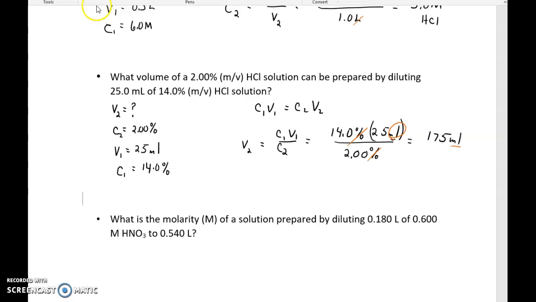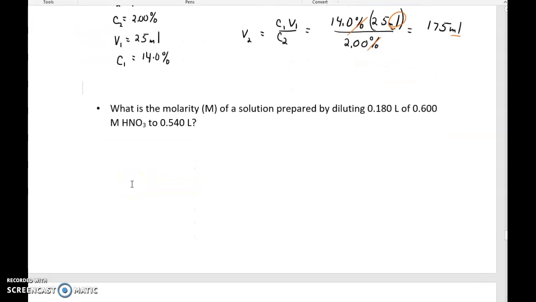What is the molarity of a solution prepared by diluting 0.18 liters of a 0.6 molar nitric acid solution to 1.54 liters? So we don't know the molarity. We're looking for molarity, which is concentration. So we're looking for concentration, and we don't know that.